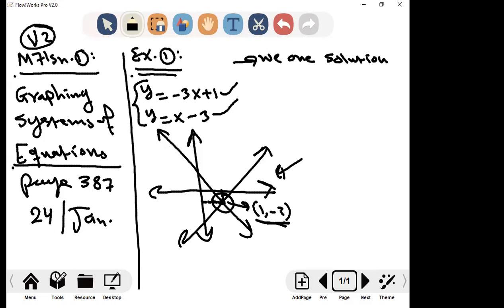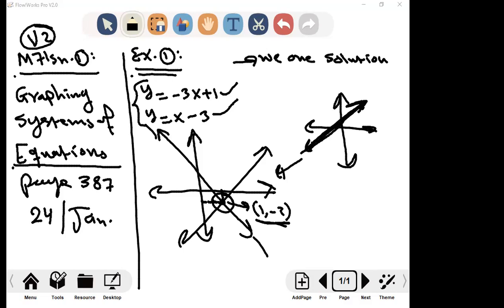The two lines, if they intersect once, they won't intersect again, because this is forever, and this is forever. Between two lines, we have only one intersecting point. But when we have infinitely many solutions, you graph the first line and the second line becomes the same as the first line, the two lines over each other.